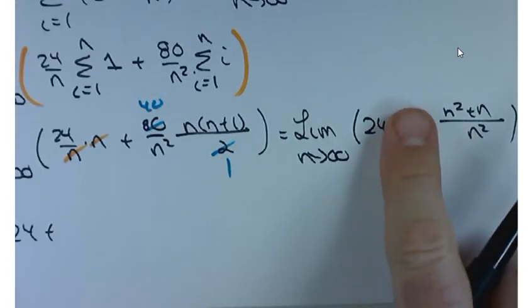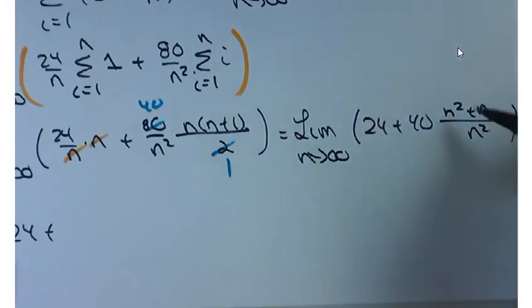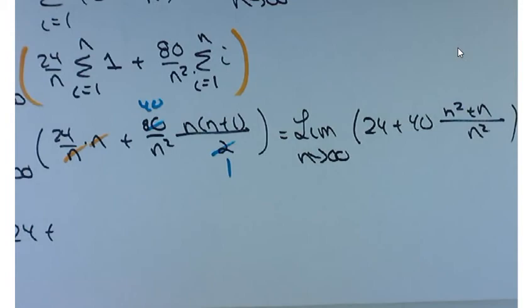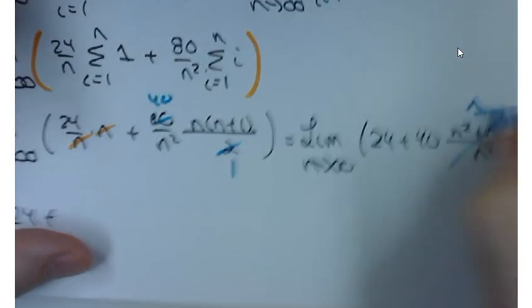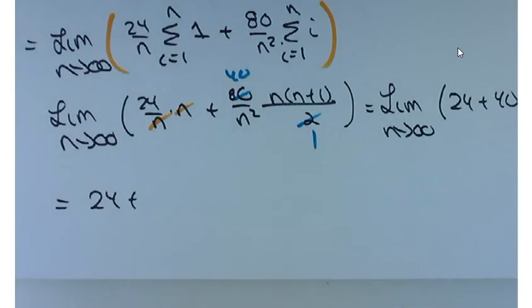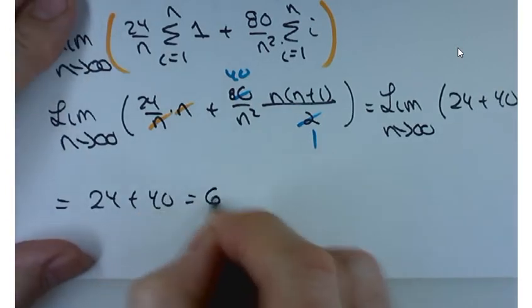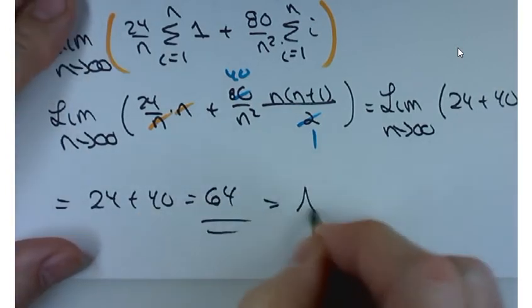Let's look past the 40. What's the limit as n approaches infinity of n squared over n squared? 1. So that's a 1. So I get 24 plus 40, which gives me 64. And that is your area.